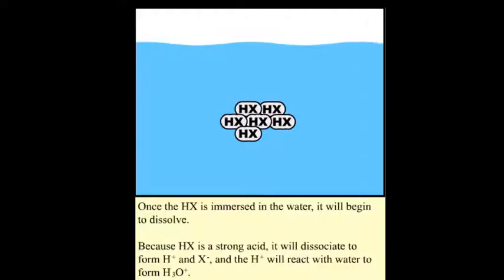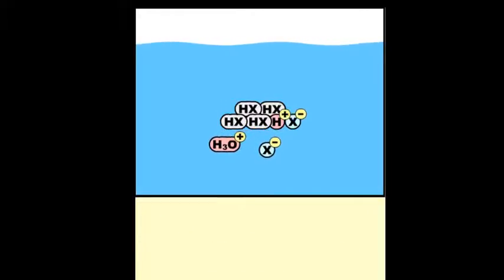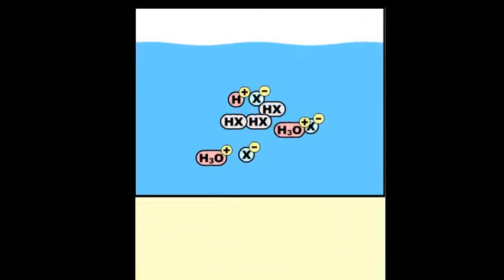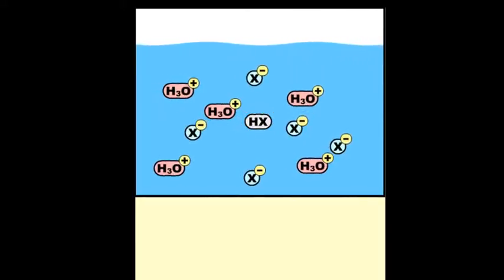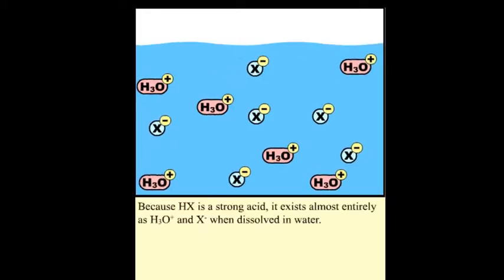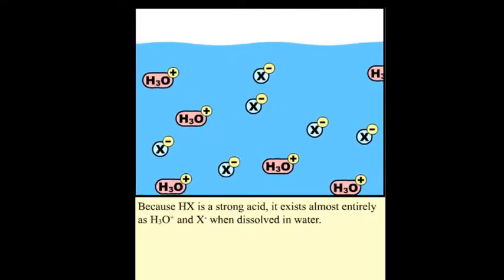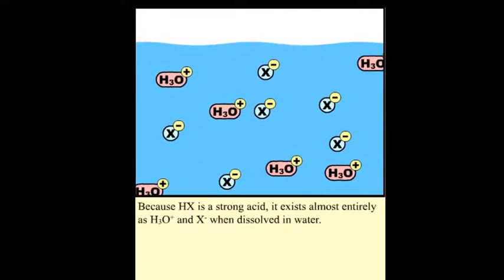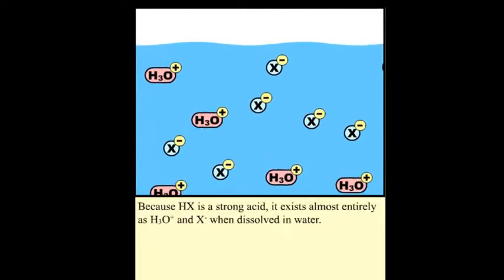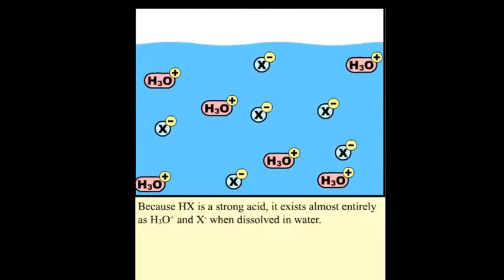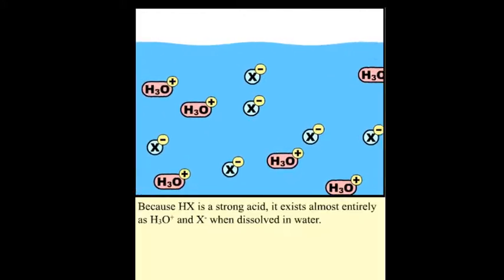So initially, you put the acid into water, and immediately the acid begins to dissociate. Some people use the word ionize, but I prefer the word dissociate. Since it's a strong acid, it dissociates completely into H plus and X minus, the H plus immediately forming the hydronium ion with water.